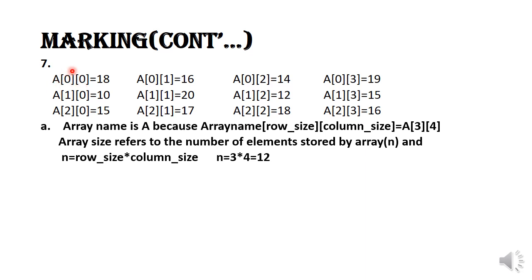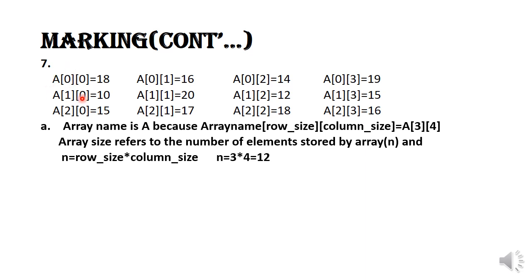And as I have told you, we can access a particular value of an array by using the row index and column index. And we access array elements starting from index 0 to size -1.